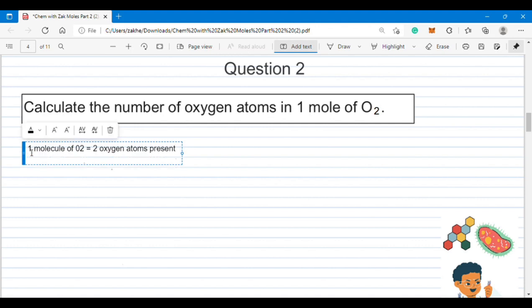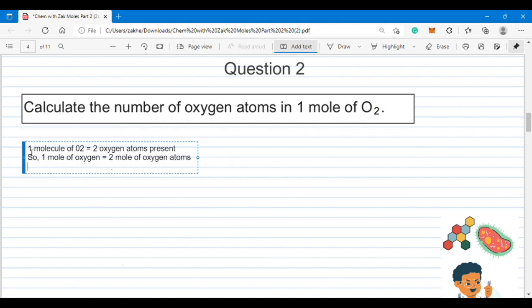Therefore, since we know this, we can say 1 mole of oxygen is equal to 2 mole of oxygen atoms. And we're now going to use the equation moles is equal to the number of particles divided by Avogadro's constant, which I had stated had a value of 6.022 times 10 to the 23.